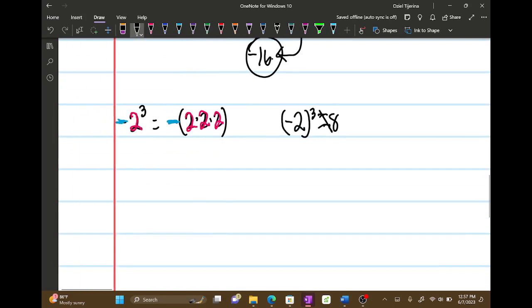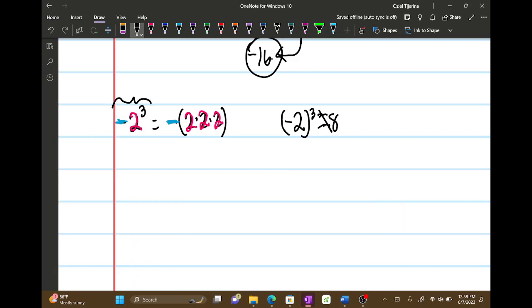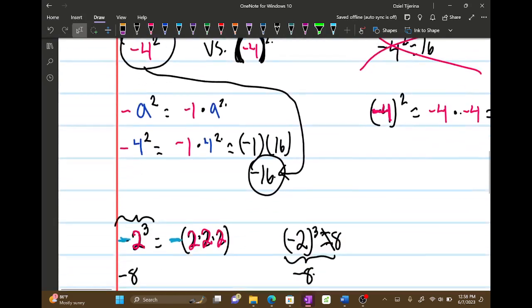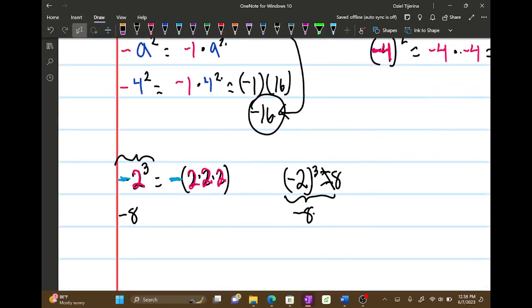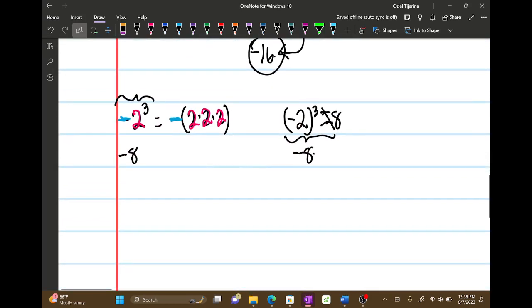So even with parentheses, this is still negative 8. They're the same thing, but for squared terms, they're not. One is negative and the other is positive when it comes to squaring. So we have to be careful.